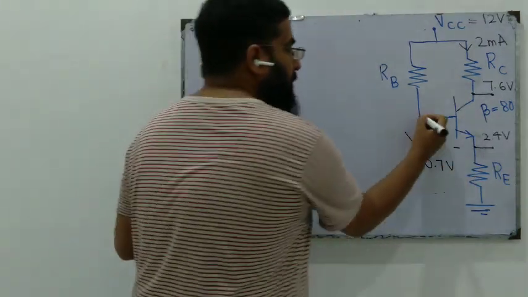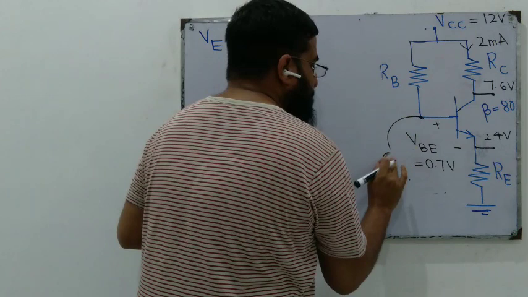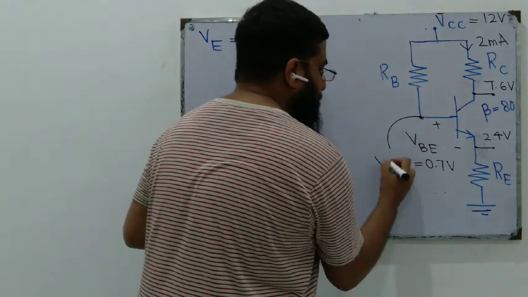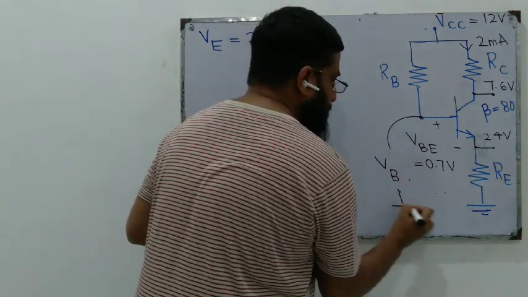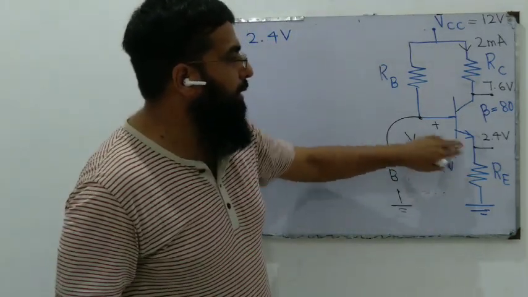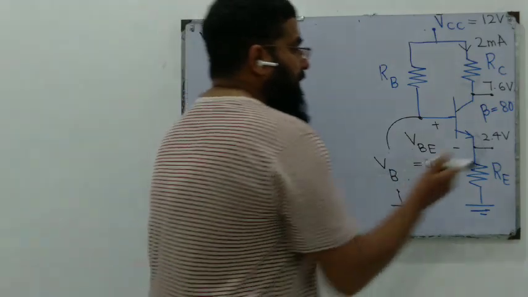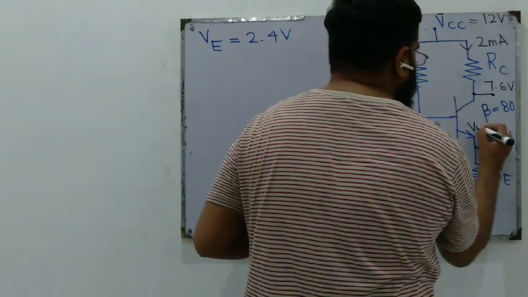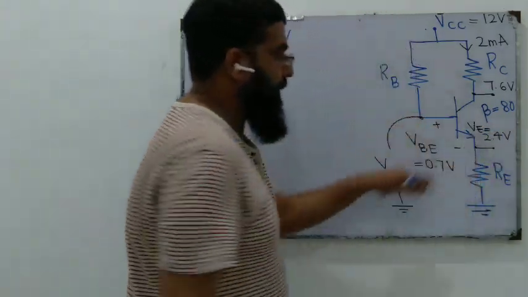To find out the voltage of the base terminal with respect to ground, we need to add VE plus VBE. VE is the voltage of the emitter terminal with respect to ground.